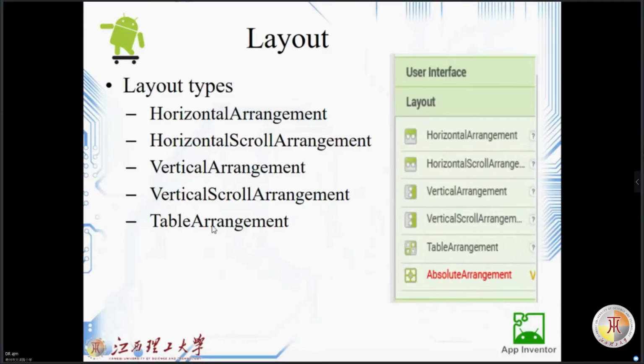We have six parts: horizontal arrangement, horizontal scroll arrangement, vertical arrangement, vertical scroll arrangement, table arrangement, and absolute arrangement. These are the layout parts which will help you to furnish and design your user interface section nicely.